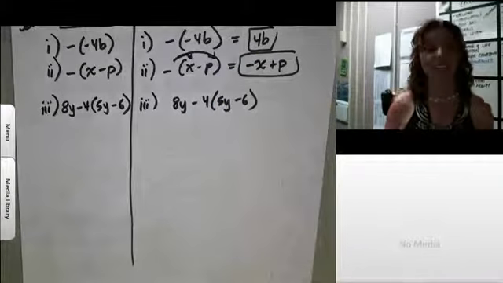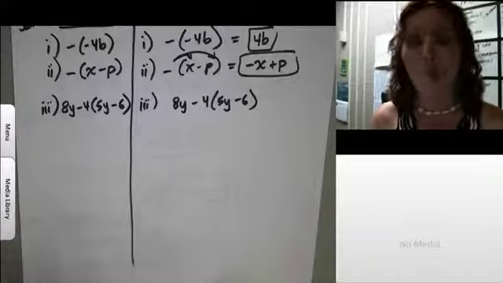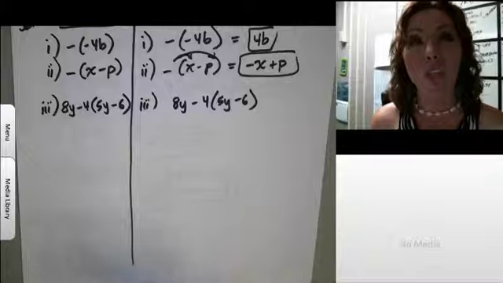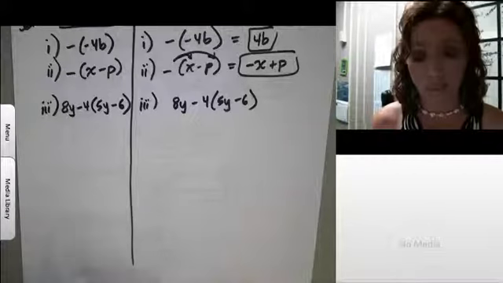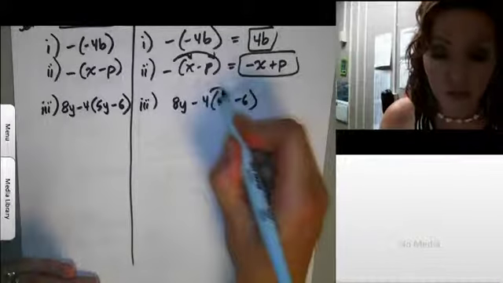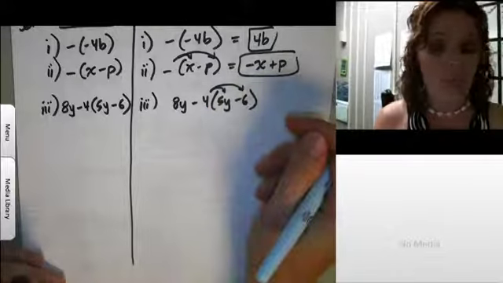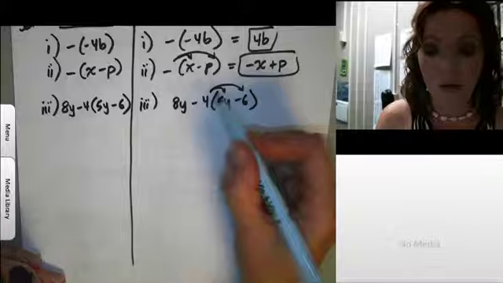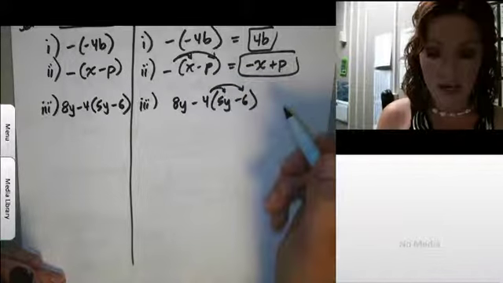Okay, so be careful on problems like this because we're going to get into FOIL later on. If you think back to Algebra 1 FOIL or the box, this is not a FOIL or the box problem. This is another distributive property problem. If there were parentheses around this first one, then it would be a FOIL or box problem, but there's only parentheses around this, so you're just distributing that 4.